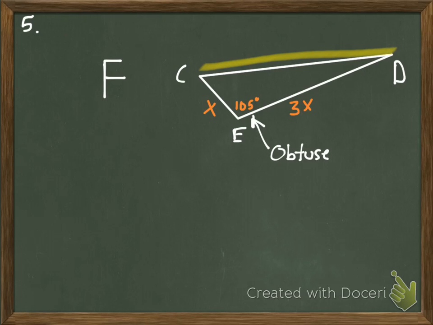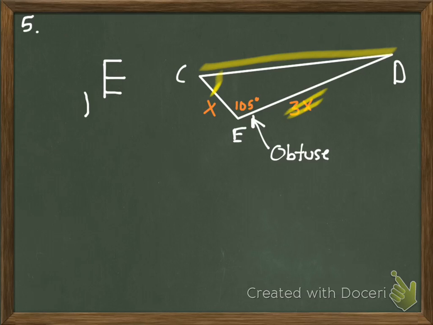So I know E is the biggest angle. Which one would be the medium size angle? That would have to be the one across from the 3x, because the 3x is the medium size side.